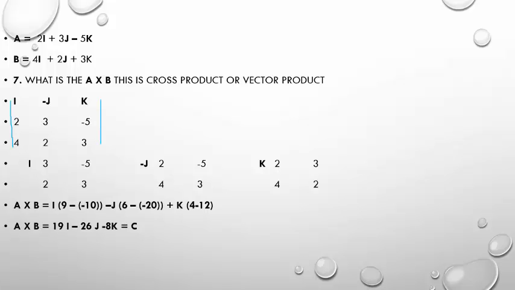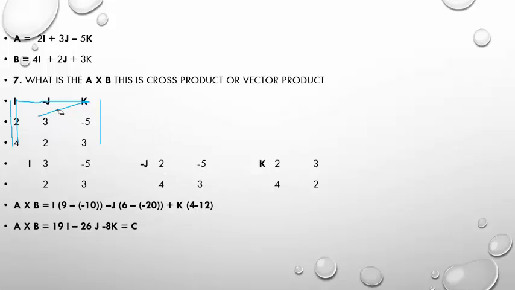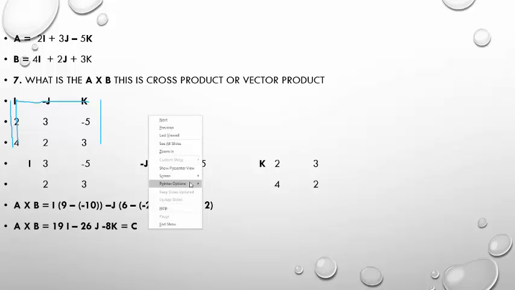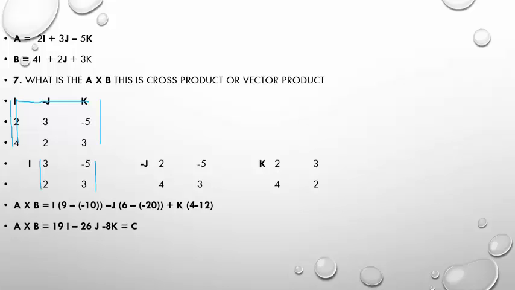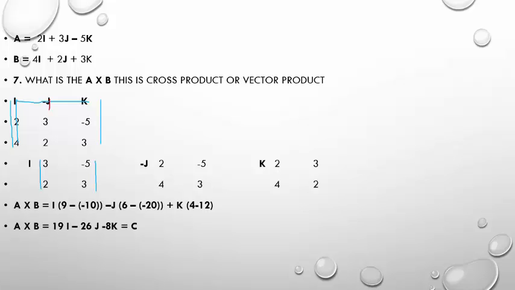To do the operation on this one, we start with I first. So we cross out the row and column of I, and take the remaining values, which will be the matrix for I. Then we move to J. We cross where we have J. We are left with 2 and minus 5, 4 and 3.